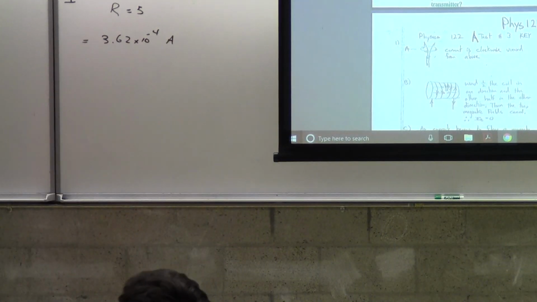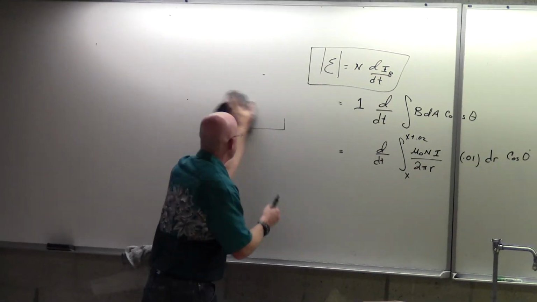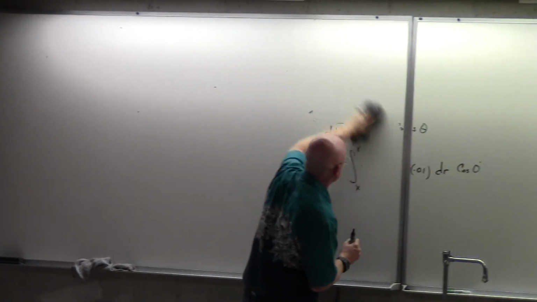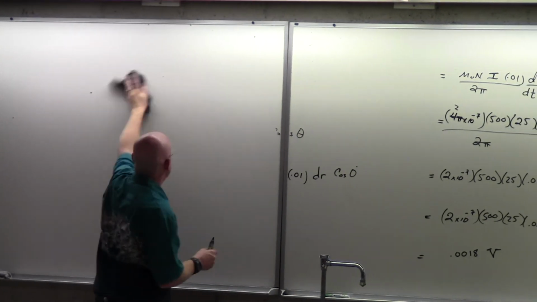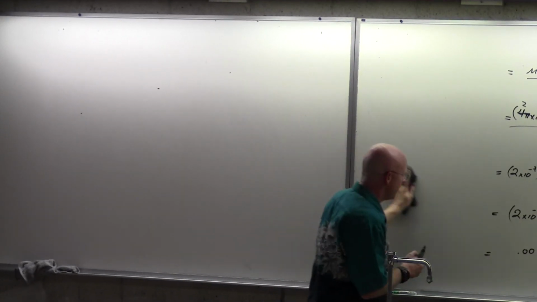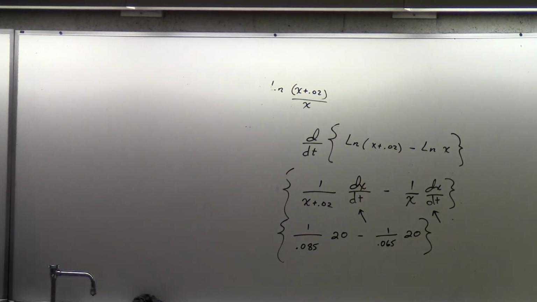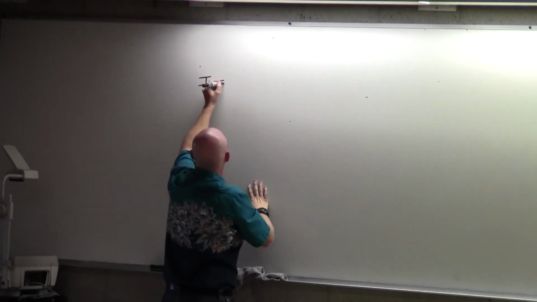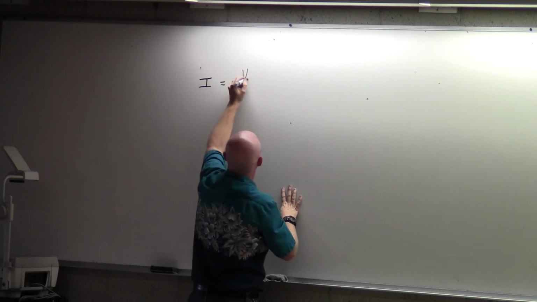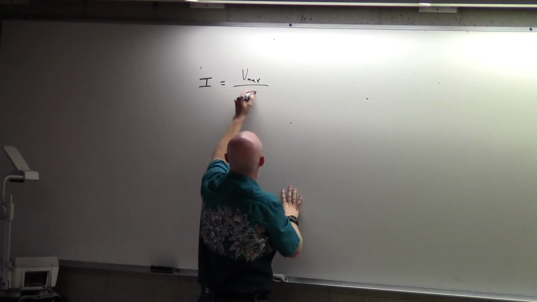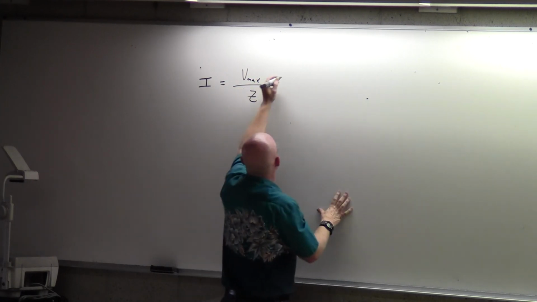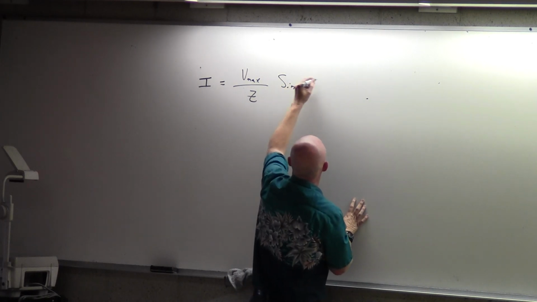The last two here we've seen before earlier on, so maybe I'll go a little bit quick. But this is that LCR circuit again. With the LCR circuit, we learned that the current would be the maximum voltage divided by the impedance times the sine of omega t.